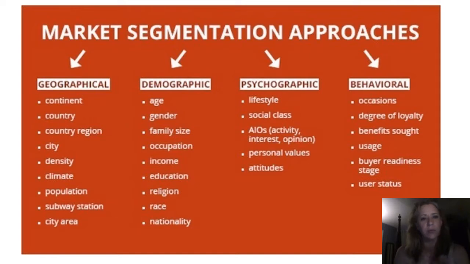And this can be a variety of ways that you can narrow down your customers. It can be on continent or country. So you might focus on Europe or Asia or North America, or it might be just a particular country like the United States. It could be even a region of the country. You might stick with the New England area or the Southwest or the East Coast, whatever.